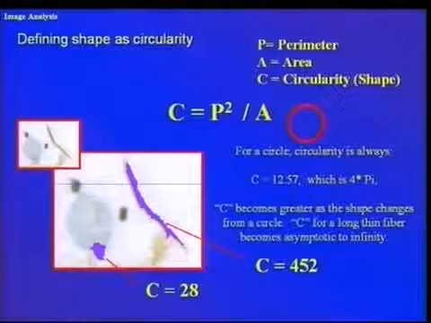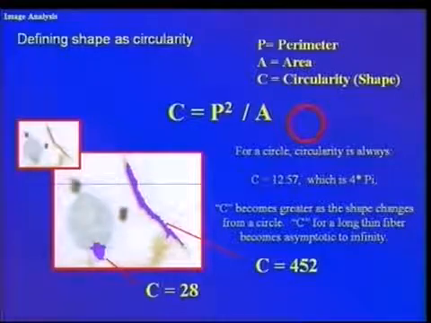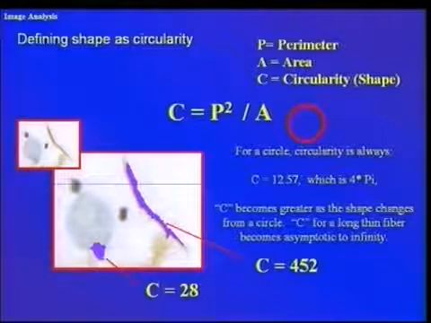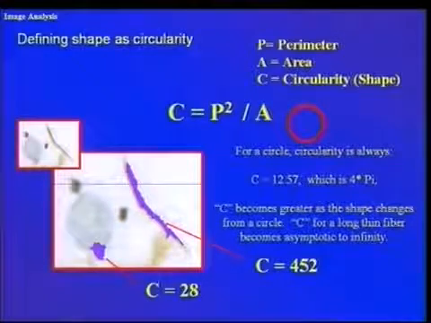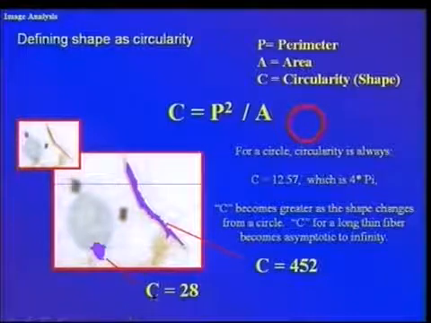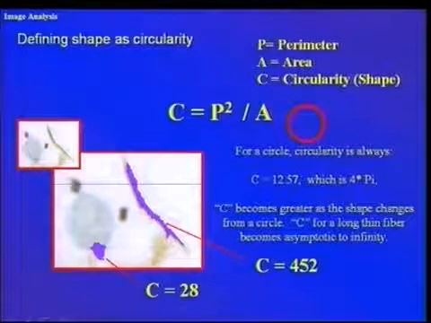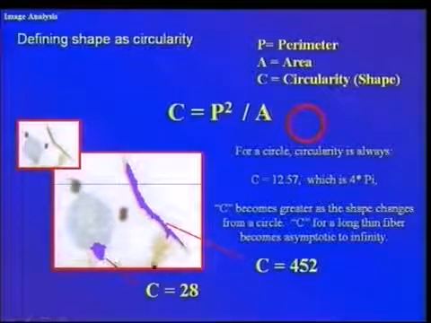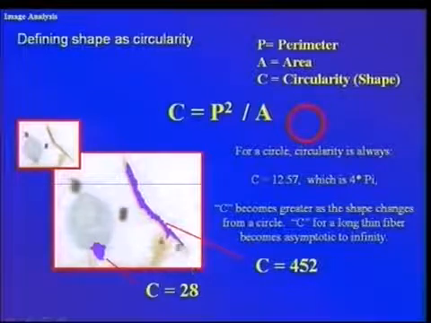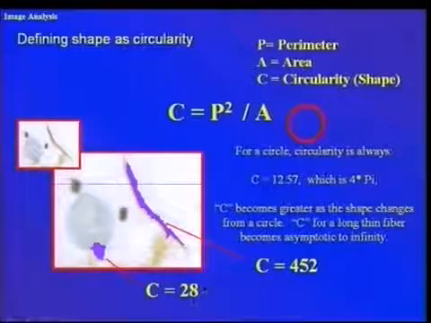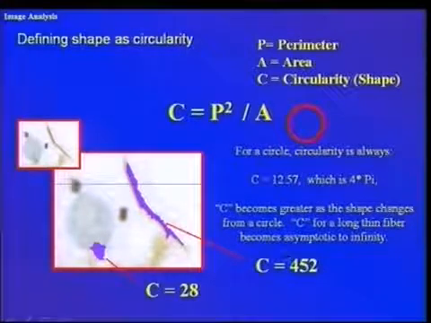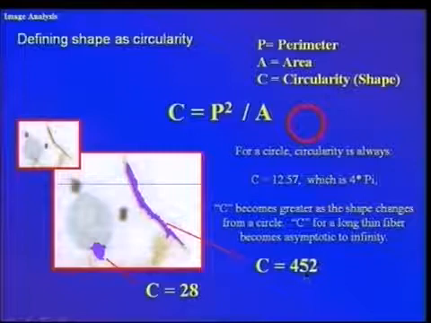Fortunately for us in the paper industry, residual ink and dirt is mostly roundish. It is very close to a circle in most cases. You can see that there is one speck that has been calculated at a circularity of 28. This is typical. Roundness, in my judgment, goes from 12.57 up to about 40. And then beyond that, the objects become clumps and fibers, and the number keeps on rising.